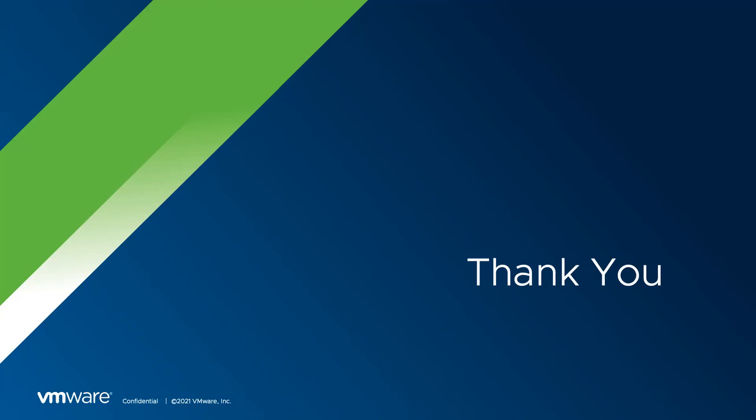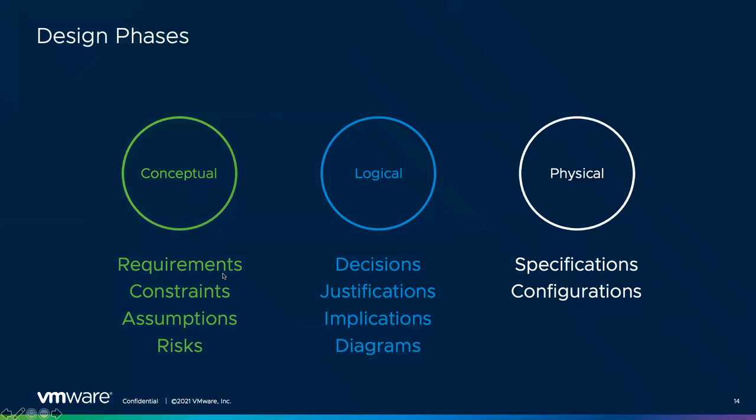But the biggest takeaway that I can give anybody is to make sure you understand the requirements, constraints, assumptions, and risks, and how to categorize things for those 4 areas, because that is absolutely key in this process.